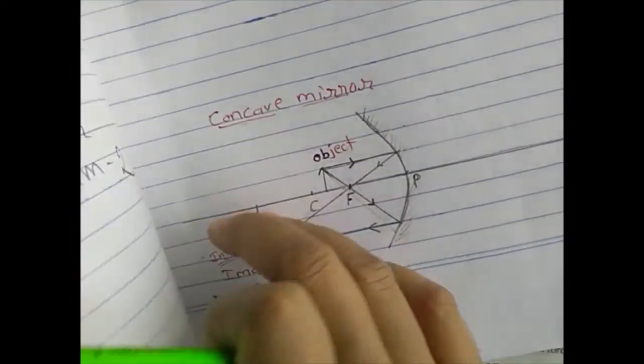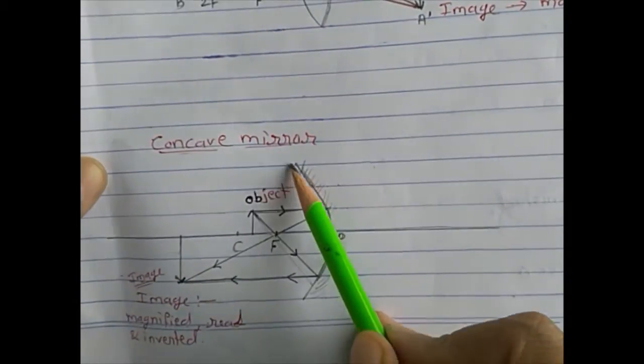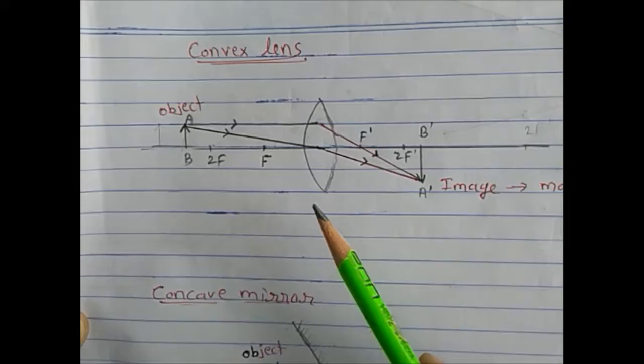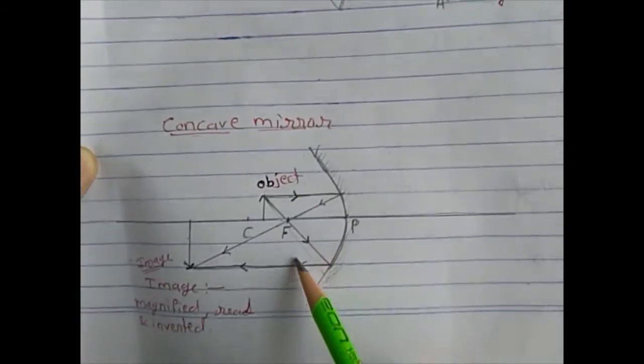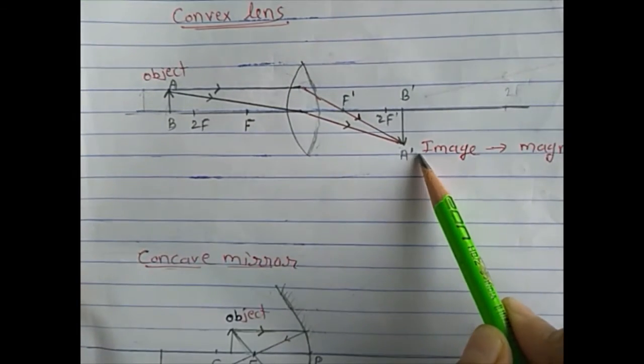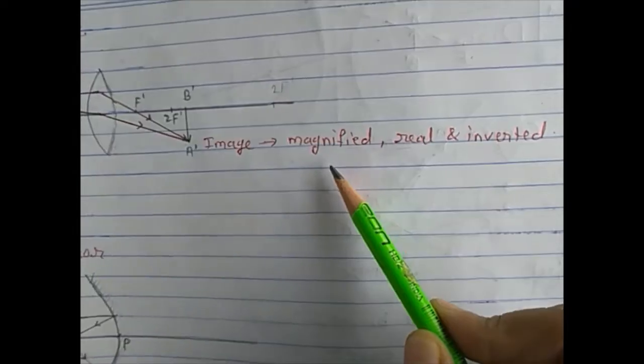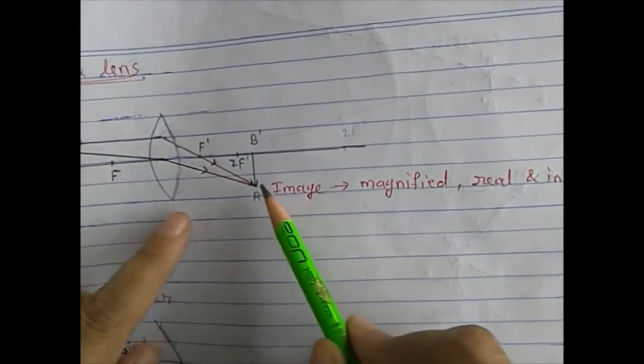So here we will see convex lens and concave mirror simultaneously. Here the types of images are same. What are the types?